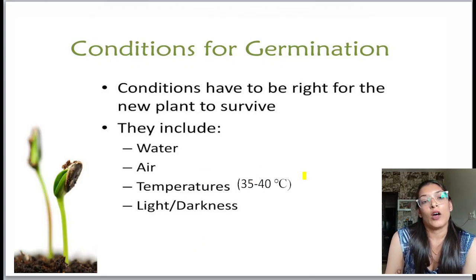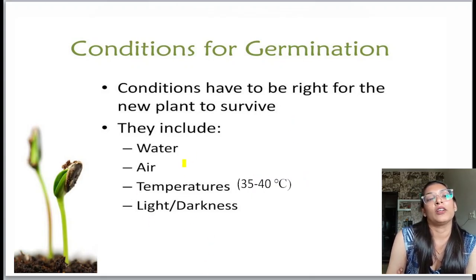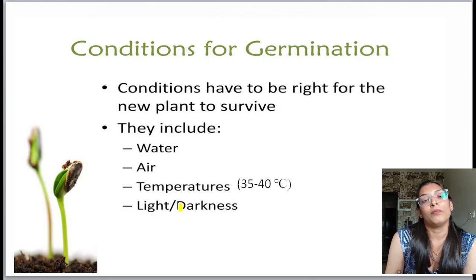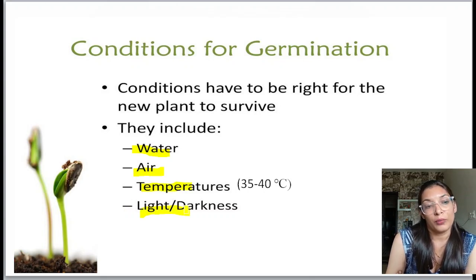So a very high temperature or very low temperature is also very harmful. Everything should be in a medium range, that we call the optimum range. So water should be optimum, air should be optimum, temperature should be optimum, and light should be optimum. But germination is best observed at a temperature of 35 to 40 degrees Celsius.